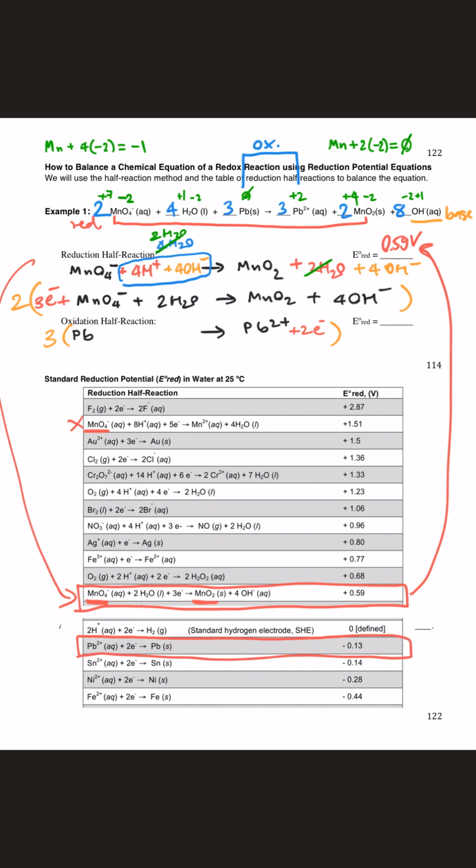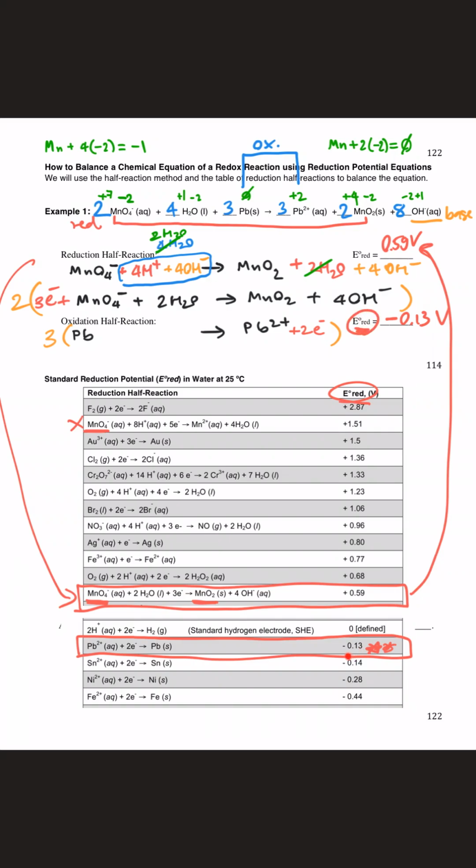And again, the value indicated here is the value of the standard reduction potential. This is also the value of the standard reduction potential. Therefore, you do not have to change the sign of the value. It's still going to be negative 0.13 volt. The reason I don't change the sign is that the value is indicated for the standard reduction potential.